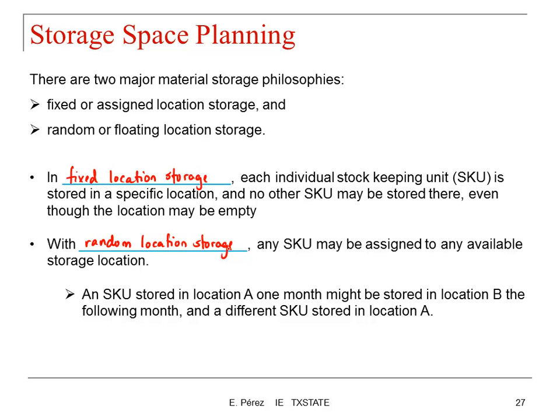An SKU stored in location A one month might be stored in location B the following month, and a different SKU stored in location A. Meaning that you don't have the space assigned to that type of item. You're going to allocate them according to the space availability that you have at that time.